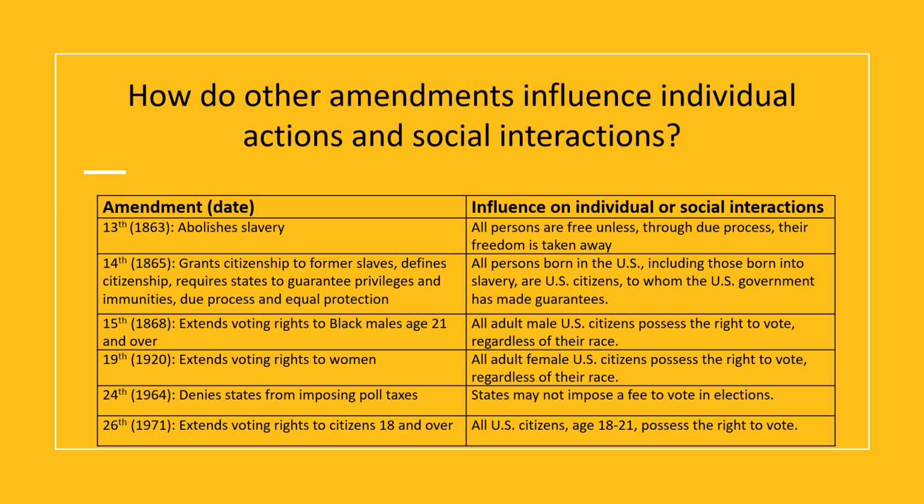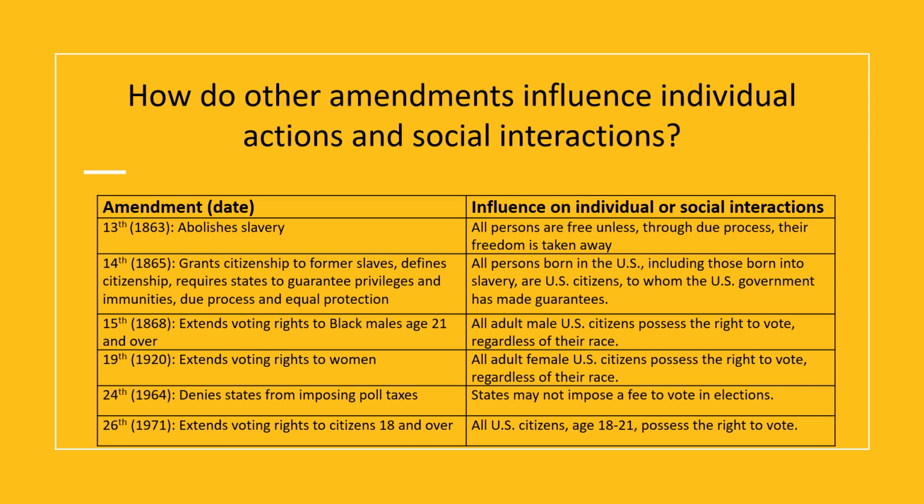The 14th Amendment is really quite lengthy. The 14th Amendment grants citizenship to former slaves, defines citizenship, and requires states to guarantee privileges and immunities, due process, and equal protection.